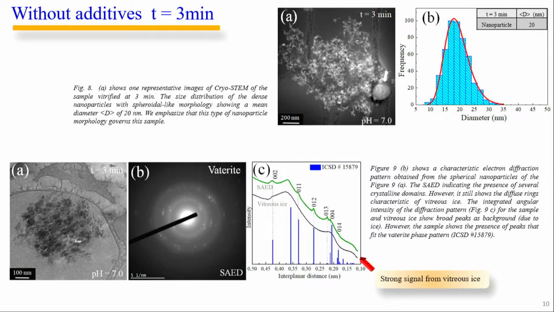The pattern indicates the presence of several crystalline domains. However, it still shows the diffuse ring characteristic of vitreous ice. The integrated angular intensity of the diffraction pattern, Figure 9C, for the sample shows a broad peak in the background due to the ice. However, the sample shows the presence of peaks that fit the vaterite phase pattern.